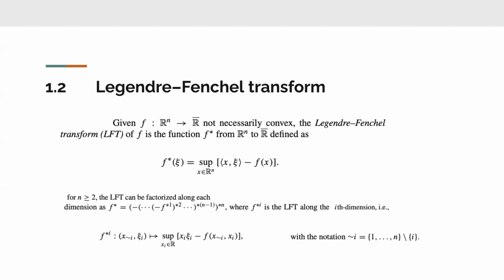Now we just talked about dimension 1. For n greater than or equal to 2, LFT can be factorized along each dimension using this formula, where i ranges from 1 to n, and that's how you calculate the LFT along each dimension.